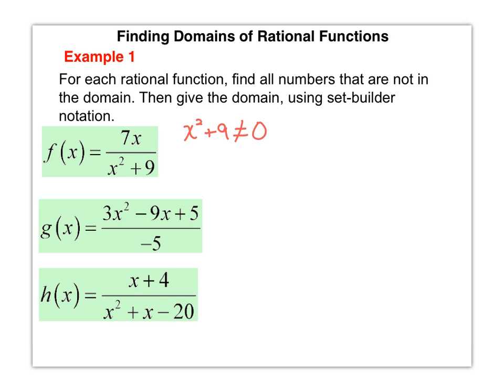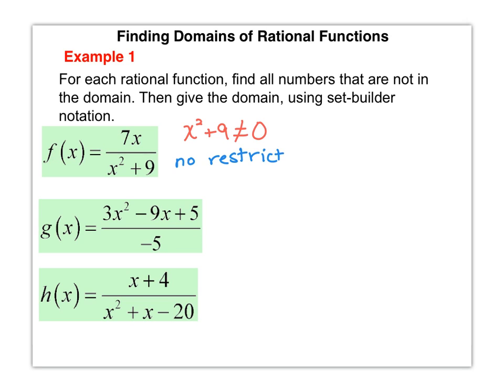So we could say x squared plus 9 cannot equal 0. Well, there are no restrictions in this case because there are no values of x which, if you squared them, would be negative, and adding 9 would never equal 0.